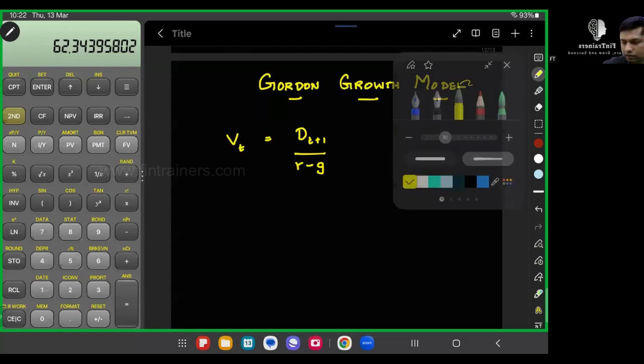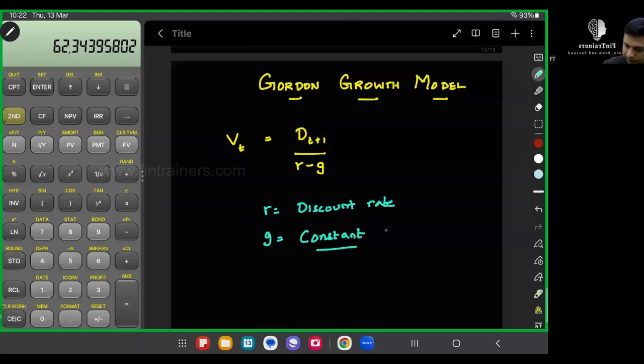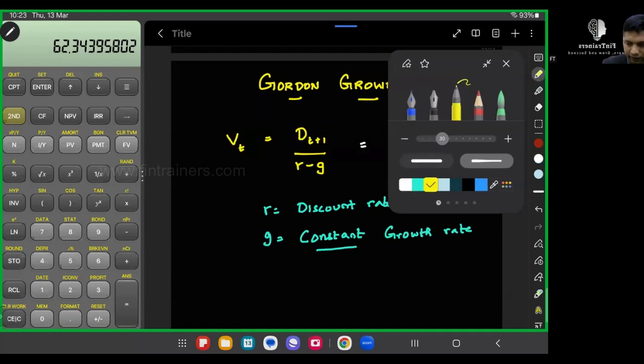Where R is your discount rate or the cost of capital, and G is your constant. This word is important: this growth rate cannot change. Constant growth rate. So my value at time T, be very careful here, is given by next year's dividend. If you are given this year's dividend, you have to convert to next year's dividend.